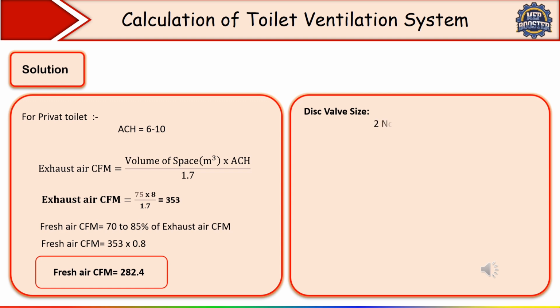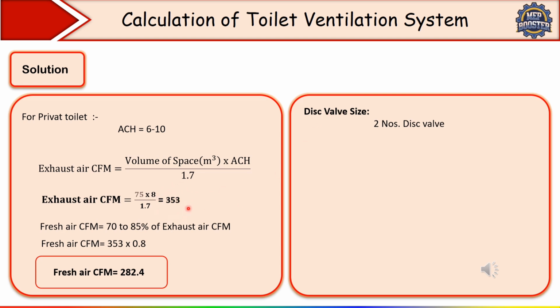So here suppose I have selected two disc valves. See, here I am talking about the exhaust air CFM. Why do I place this disc valve? For the exhaust air CFM, we have to exhaust with the help of this disc valve only.